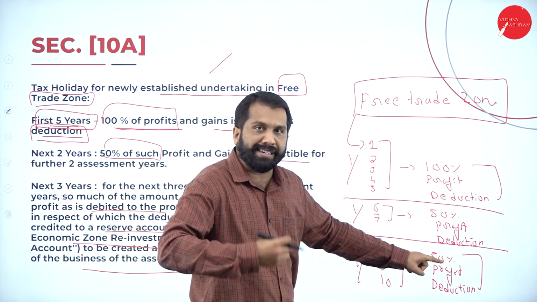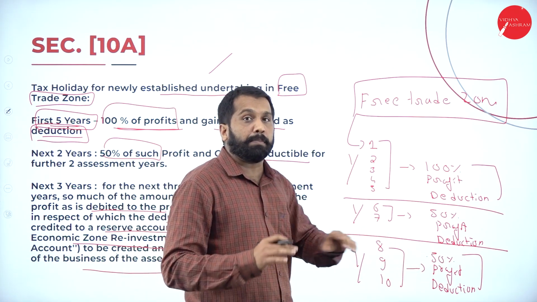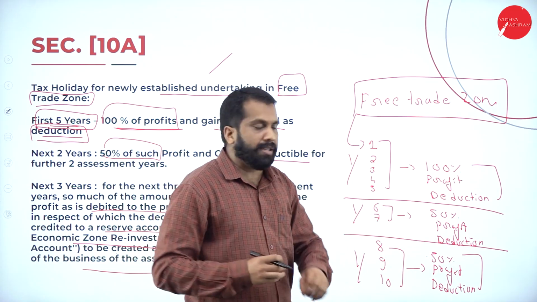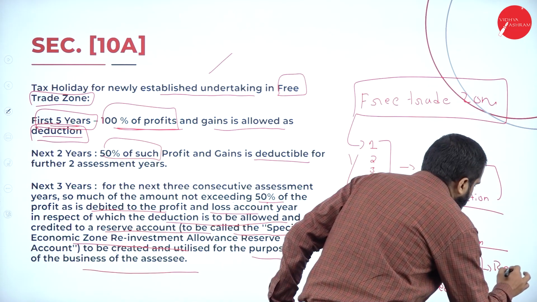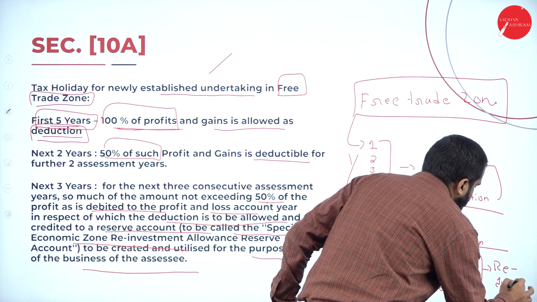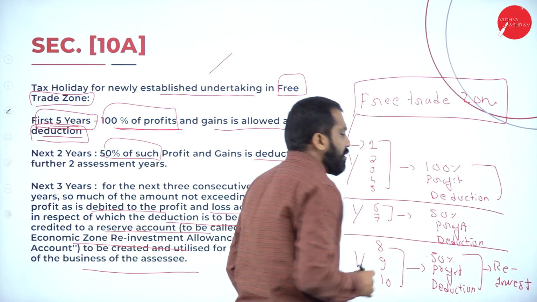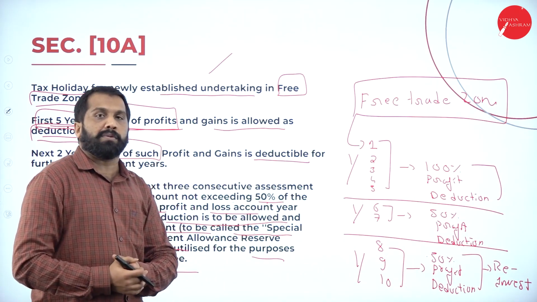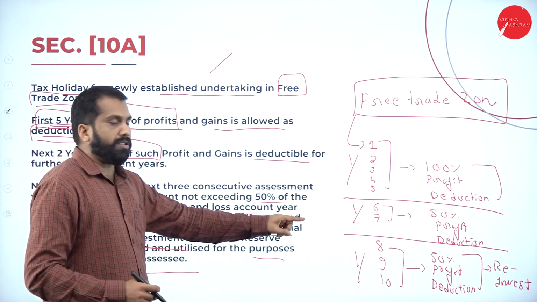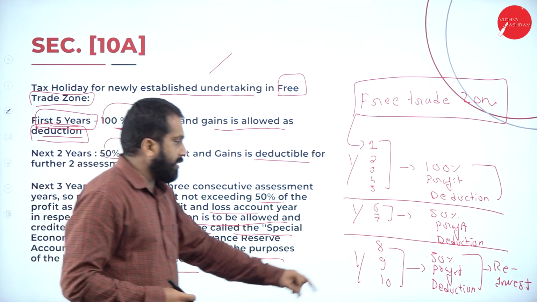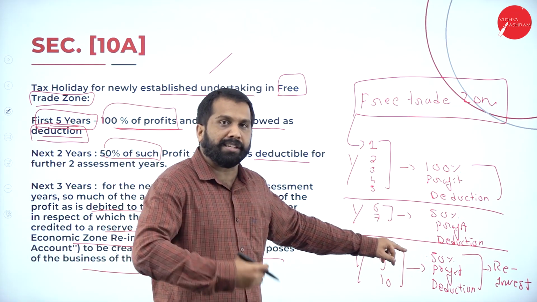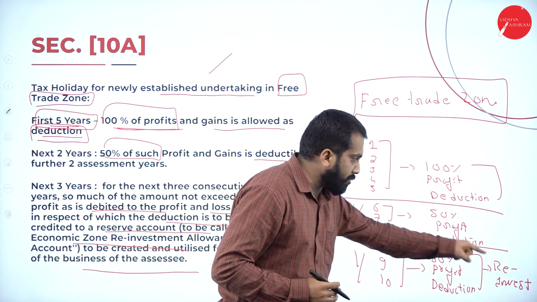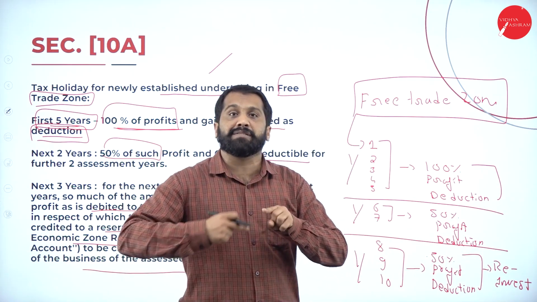Whatever 50% deduction they have given, the company cannot use for personal. The company has to reinvest. If company wants to establish, company wants to extend, company wants to go for new project, this 50% whatever the government has left, whatever the deduction they have given, that has to be utilized for reinvestment.